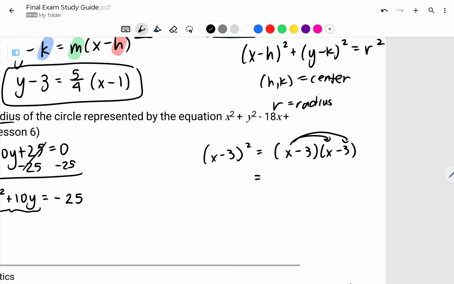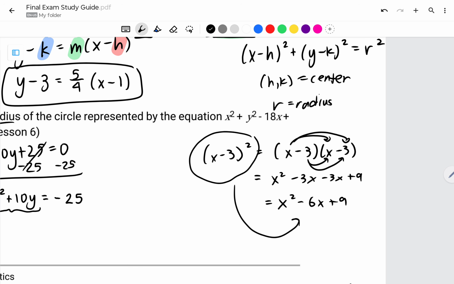And remember when we did this, where we were like, oh, let's distribute: x times x, that's x squared. x times negative 3, negative 3x. Negative 3 times x, negative 3x. Negative 3 times negative 3, that's positive 9. And then you get this, right? So the rule was, how do we get from this to this?